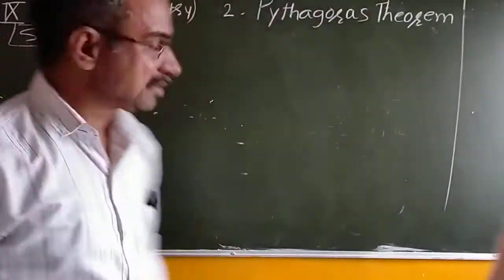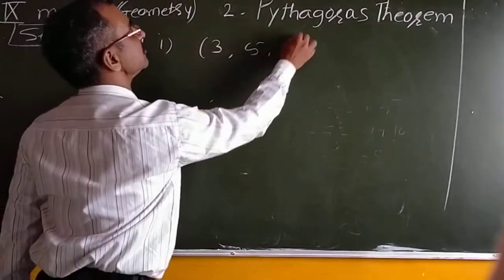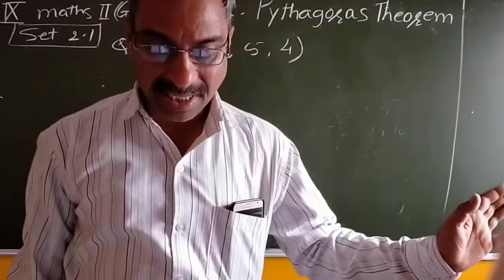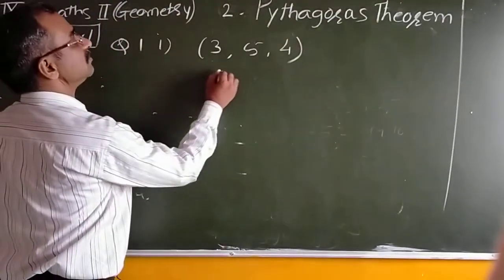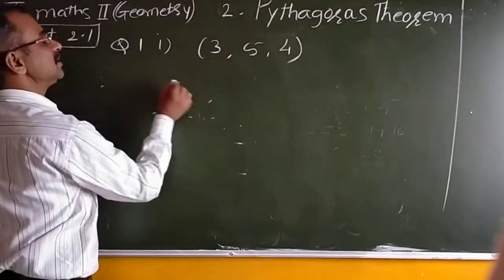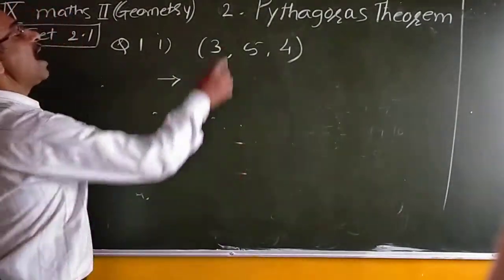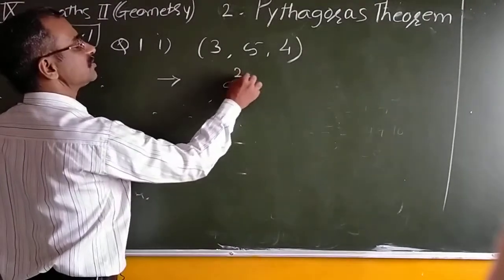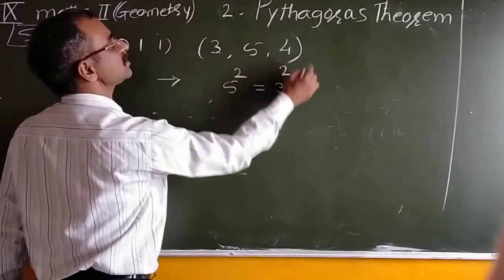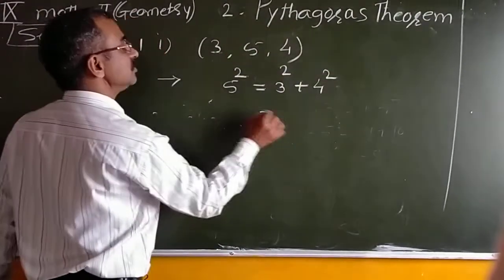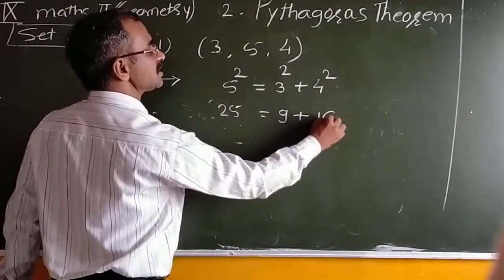So question number 1, first 3, 5, 4. These are three numbers. We are finding whether these numbers are a Pythagoras triplet or not. Using the same rule, the highest number is 5, and its square should be the sum of the squares of the smaller numbers, 3 square and 4 square. 5 square is 25, 3 square is 9 and 4 square is 16.